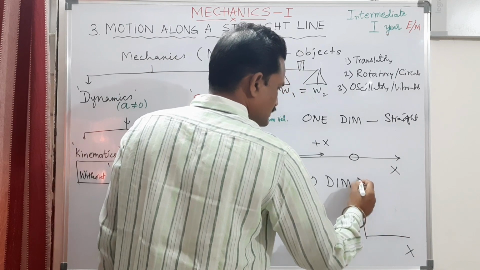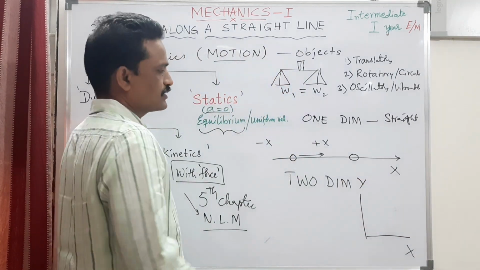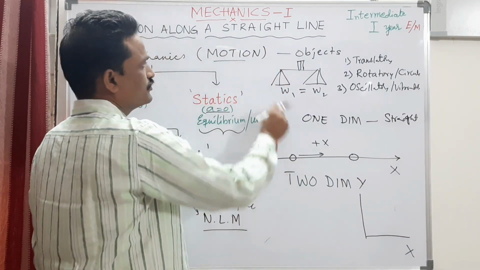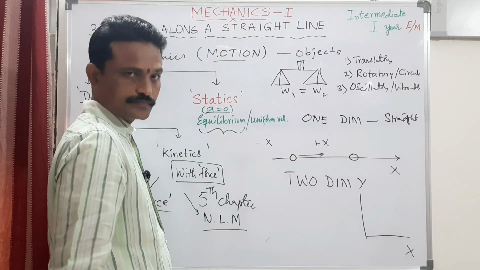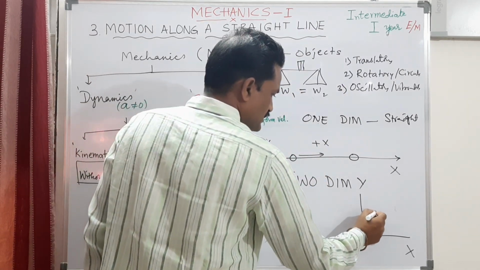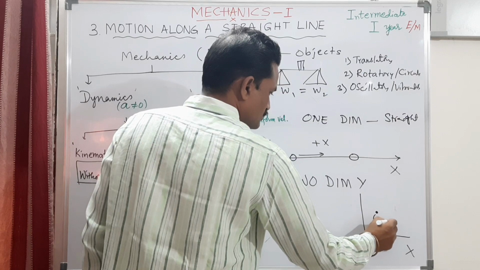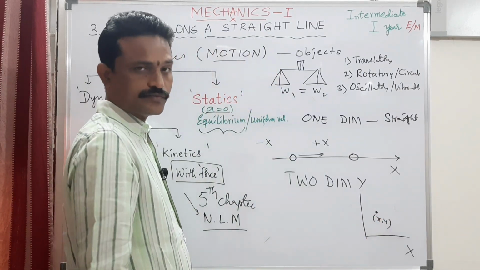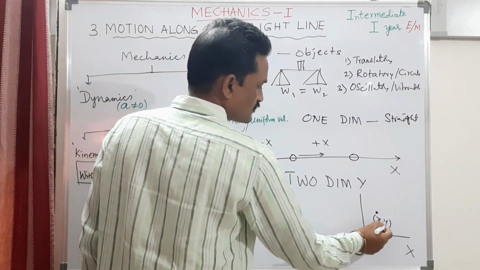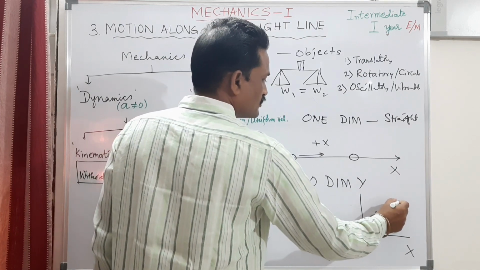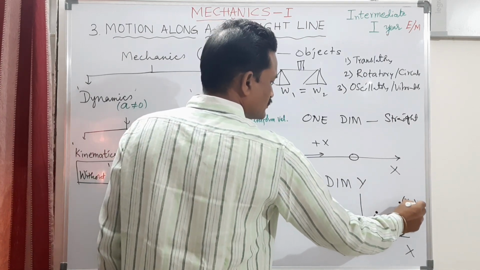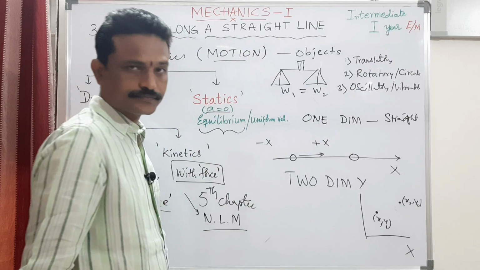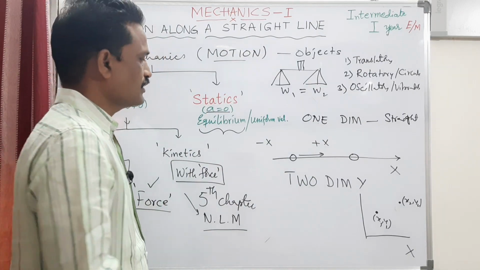Let us say this is x axis and y axis. Take the example of the same ant moving on the wall or on this board. To describe its position, I should take two coordinates, x coordinate and y coordinate. If it is moving from x1, y1 to another point x2, y2, I have to take two axes. Motion can be three dimensional.